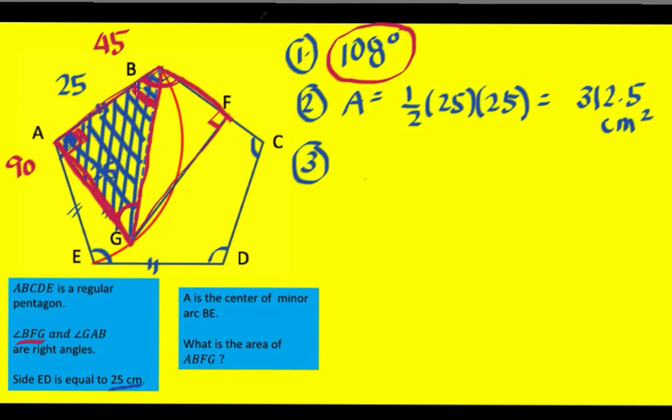So, if you know that this angle is 45 and this bigger angle is 108 degrees, then we'll be able to find the measure of this angle here. That is equal to 108 minus 45, which gives us 63. The unit is in degrees. We're going to use these values later on.